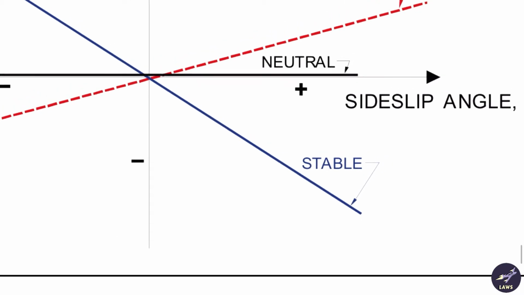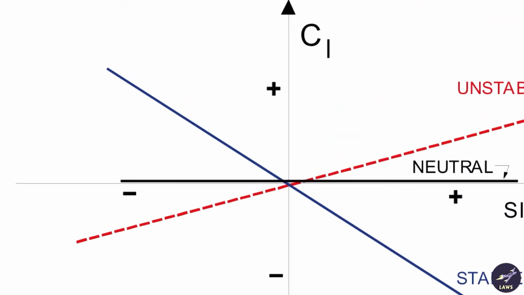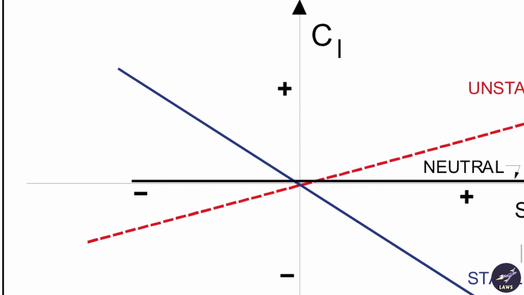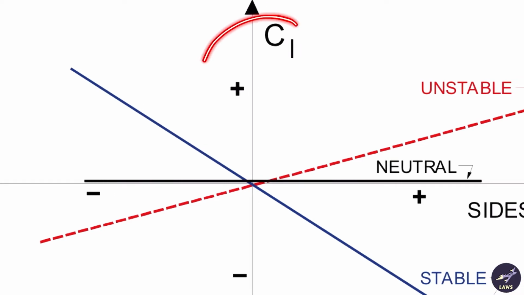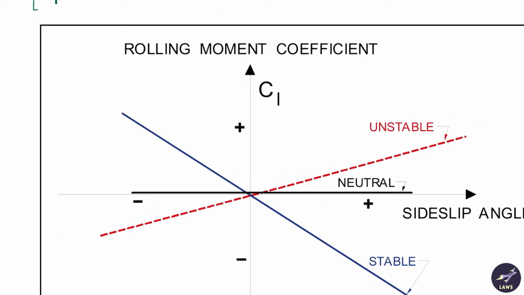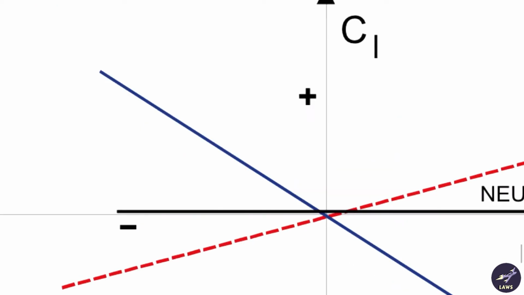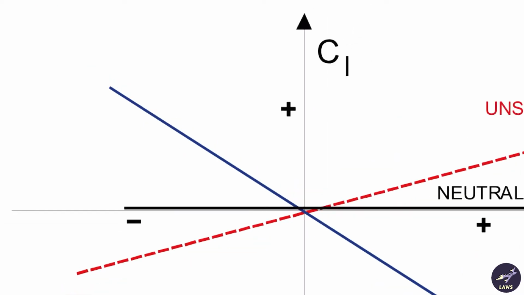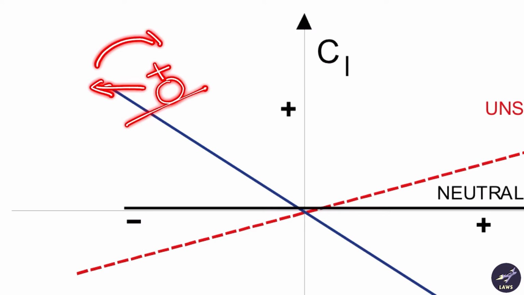If we look at this condition, again we have a positive rolling moment, that is, we will be rolling towards the right. In this case, you have a negative side slip angle, so you are side slipping to the left. We need to have a right rolling moment in order to come back to wings level.